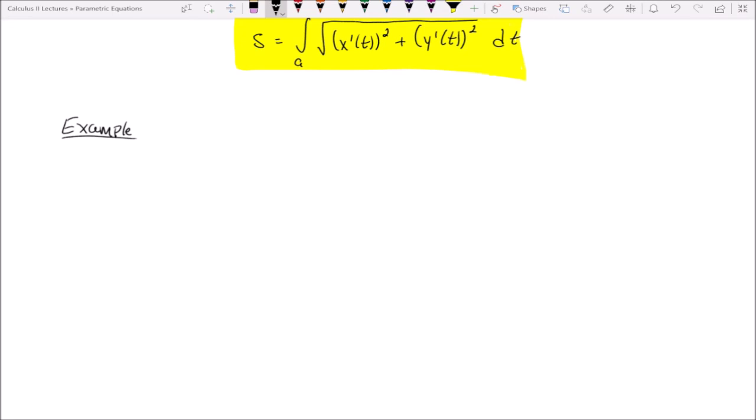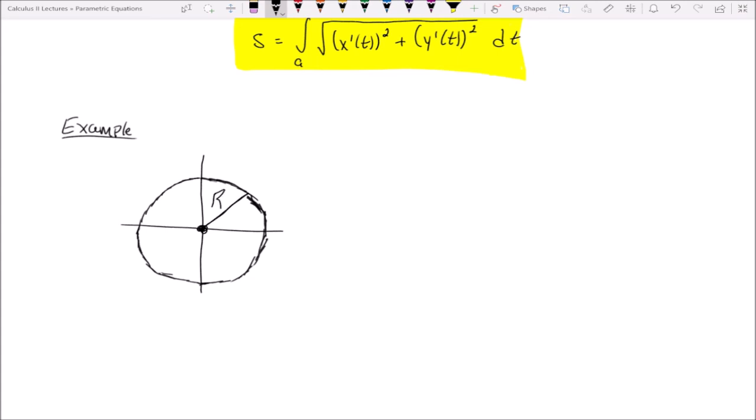So without loss of generality, we may take the center of the circle to be the origin, and say it has radius r.